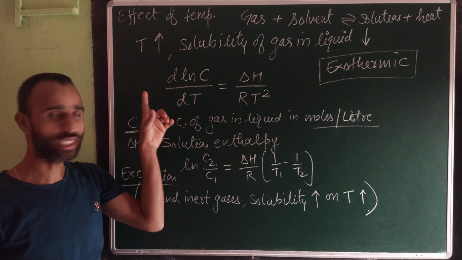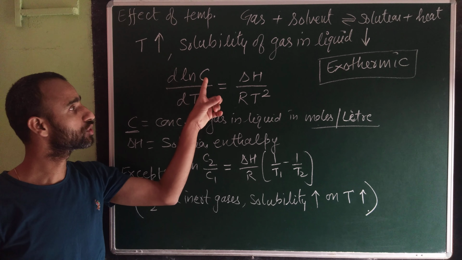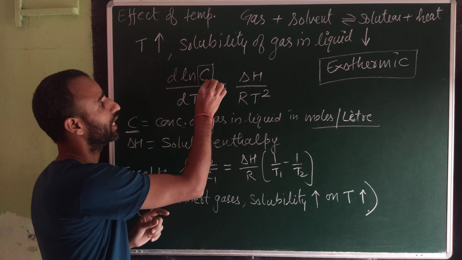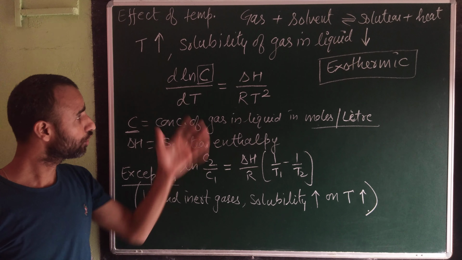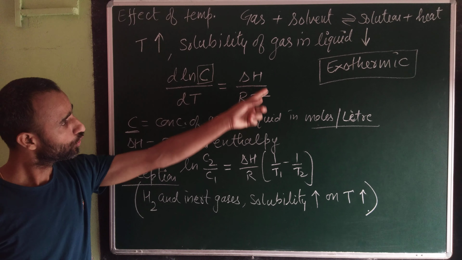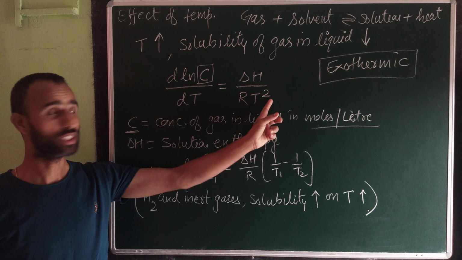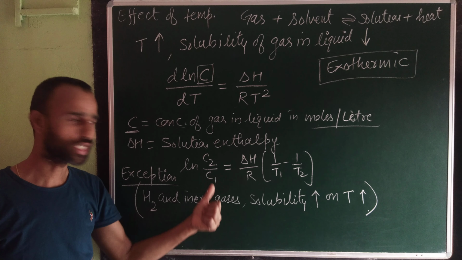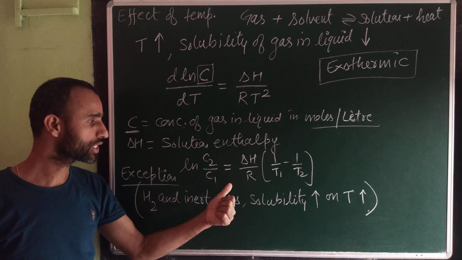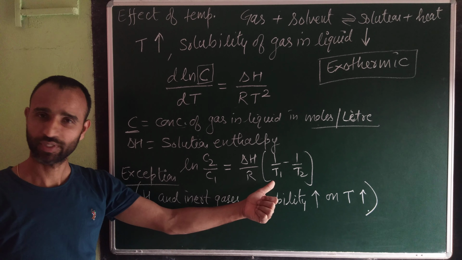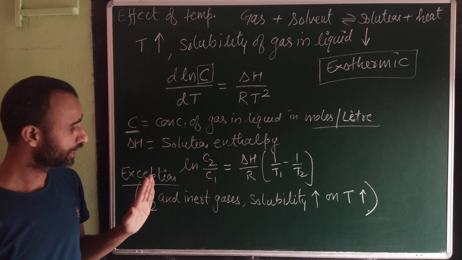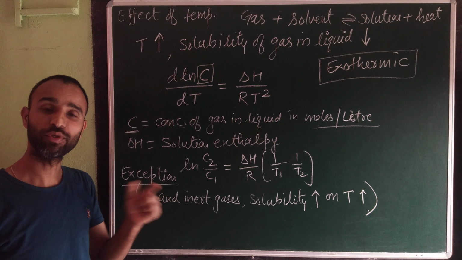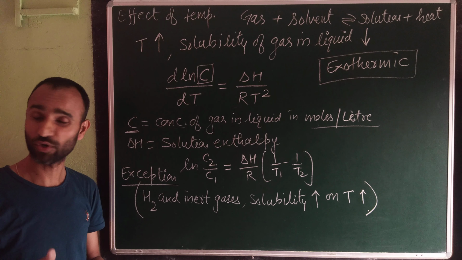And to see the quantitative effect of temperature on the solubility of the gas in liquid, this equation is used. This is extended form of Van't Hoff equation, like the Clausius-Clapeyron equation that you know. Just note down, and then we will do that question. This is very important.